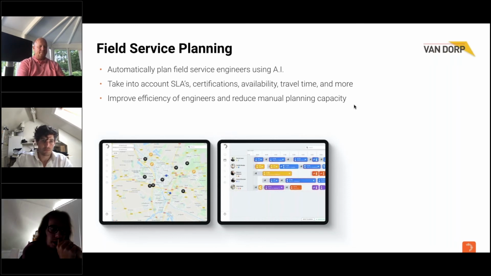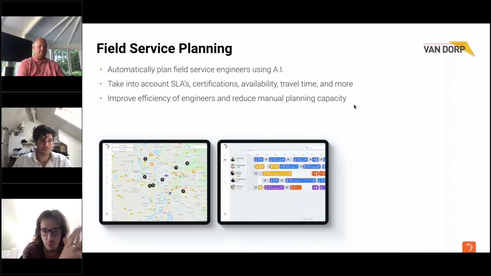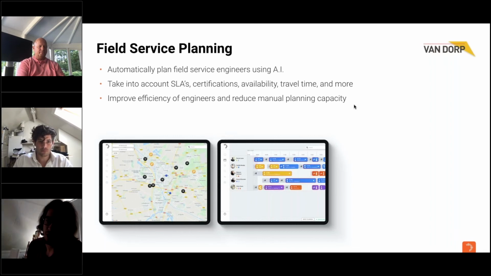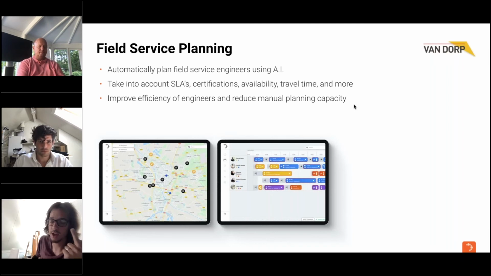And what it does, it is able to automatically plan your entire field service workforce using the tasks which you have lying around. And it will also, for example, optimize travel time. So it's really about improving efficiency of your engineers. That's one win. And the second win is that you do not have to plan manually anymore. So you also shave off some planning capacity.